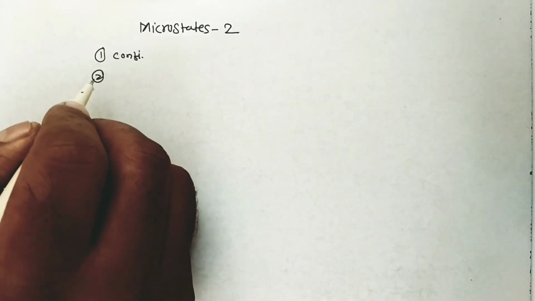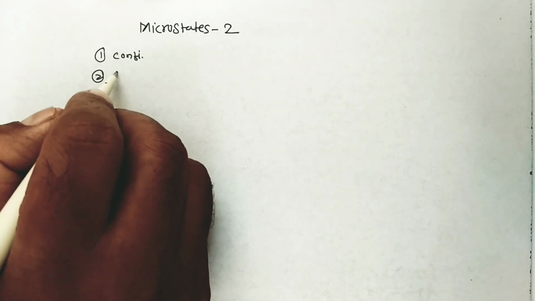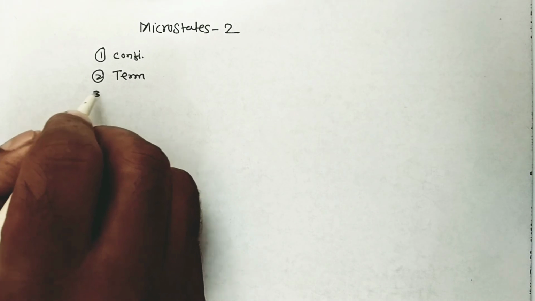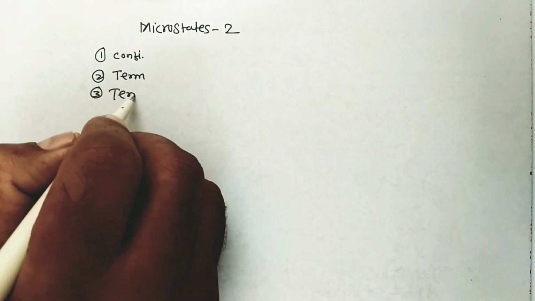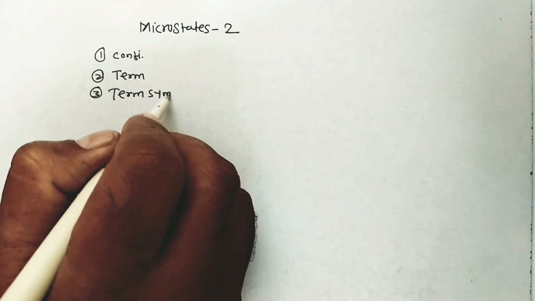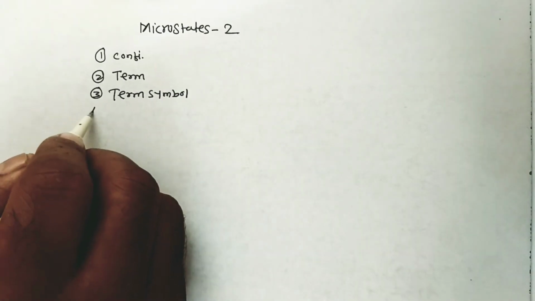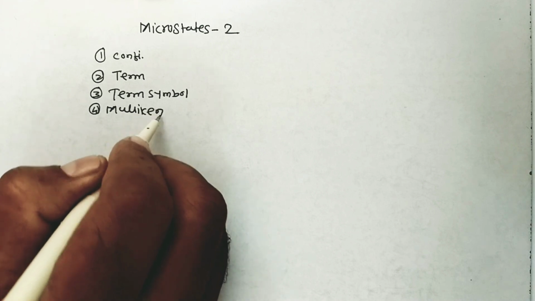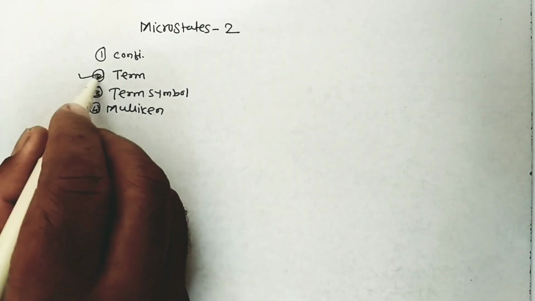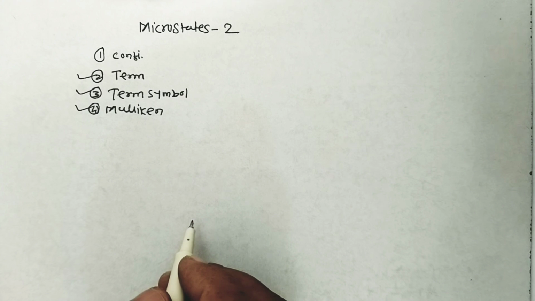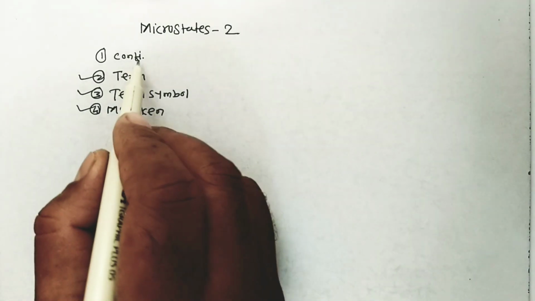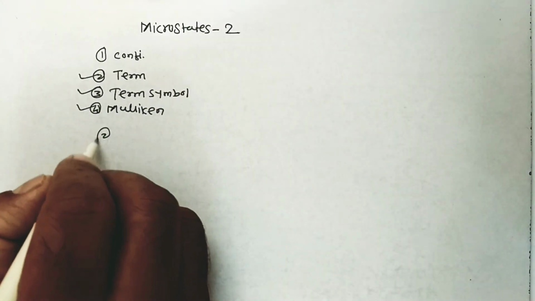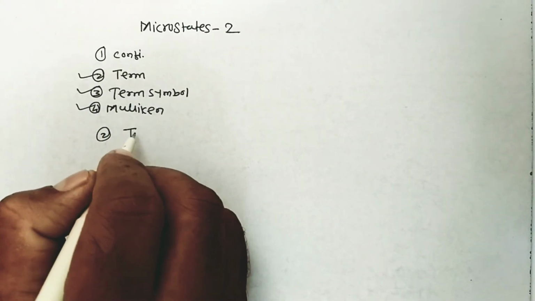Now the second part of this lecture is when the term is given, when the term symbol is given, and if the Mulliken symbol is given, then also we can calculate the number of microstates. For configuration we have calculated earlier. Now the second case is the term.